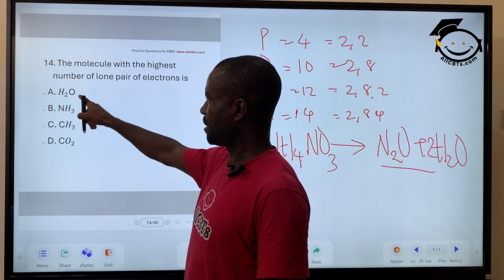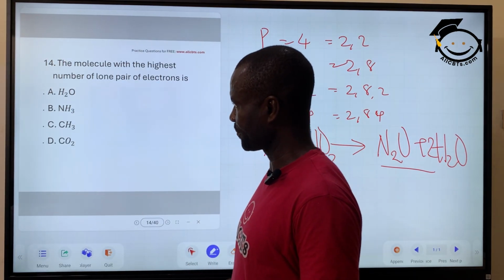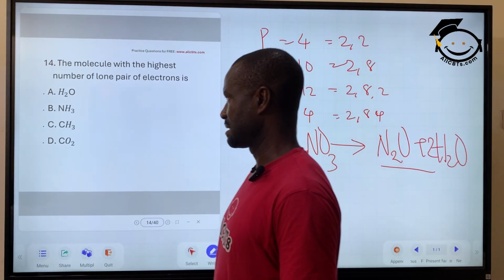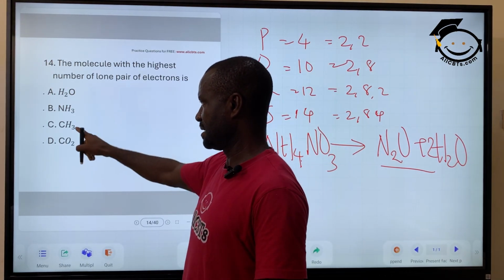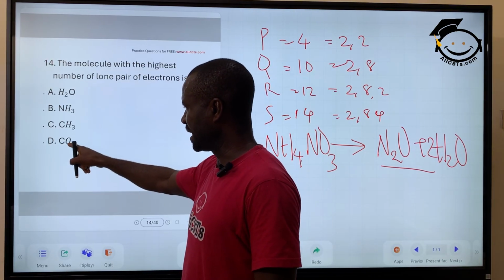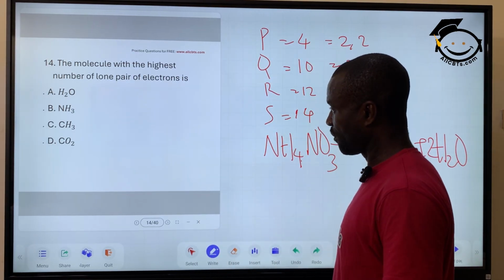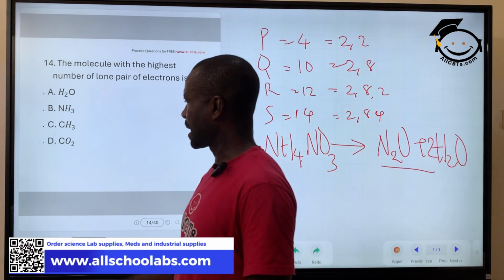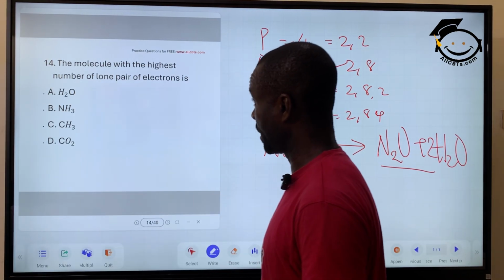Why? Because oxygen has 2 lone pairs in water, nitrogen has 1 lone pair in ammonia, but oxygen in carbon dioxide has 4 lone pairs. So the correct answer is CO2, which has the highest number of lone pairs.